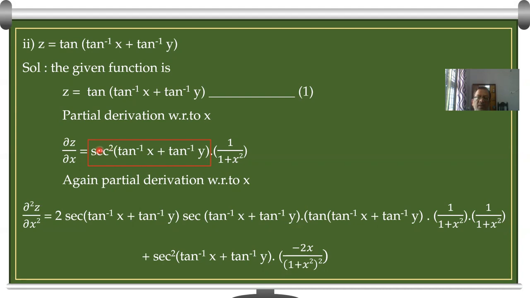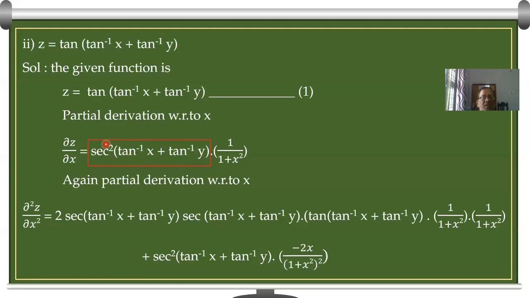After that, second, sec x is a function. What is the derivative of sec x? Sec x into tan x. After that, the inner function: it is not x, it is tan inverse x plus tan inverse y, something other than x. Therefore, partial differentiation with respect to x for the inner function. We have three functions: first the power, after that the function, after that the inner function.